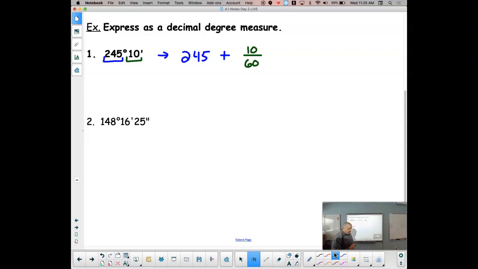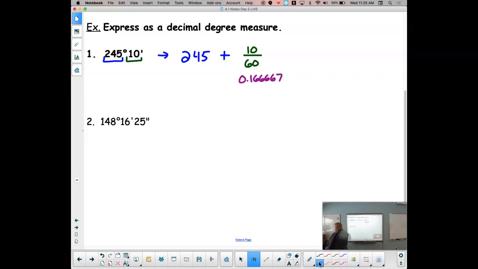On a calculator, we could figure out what 10 divided by 60 is, or simply 1 divided by 6, and we would get 0.1666 repeating.